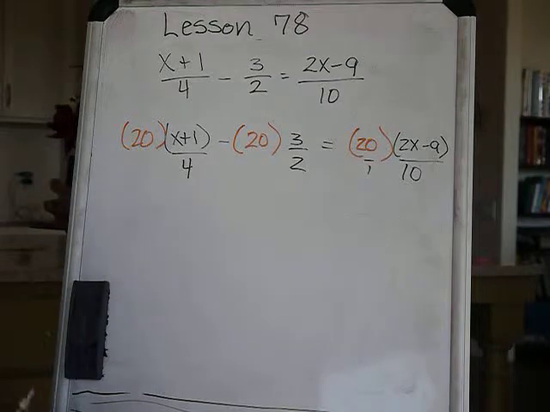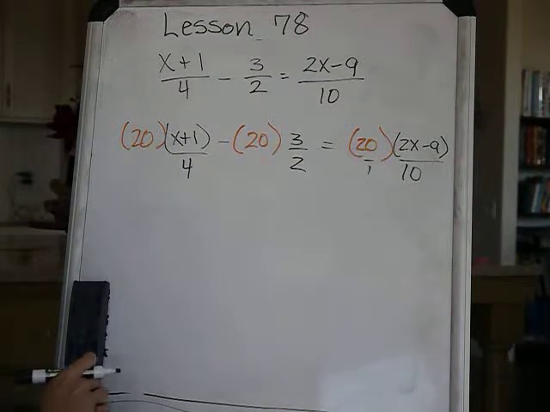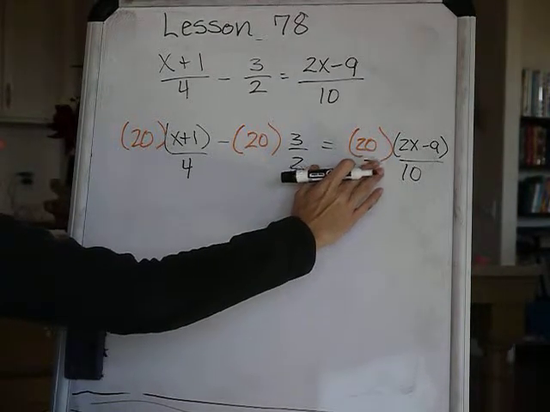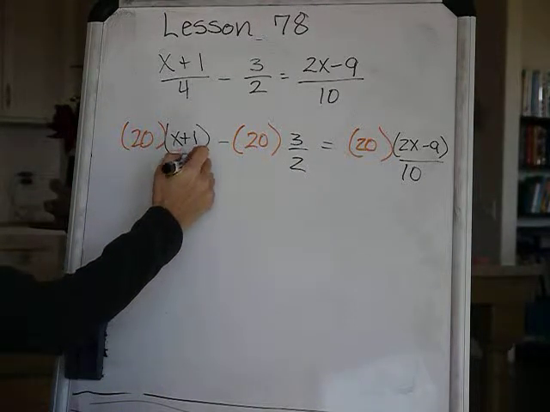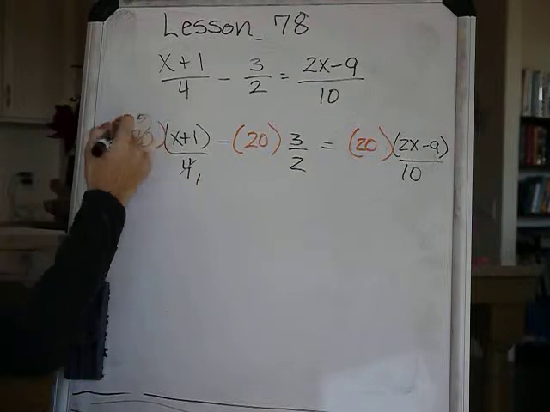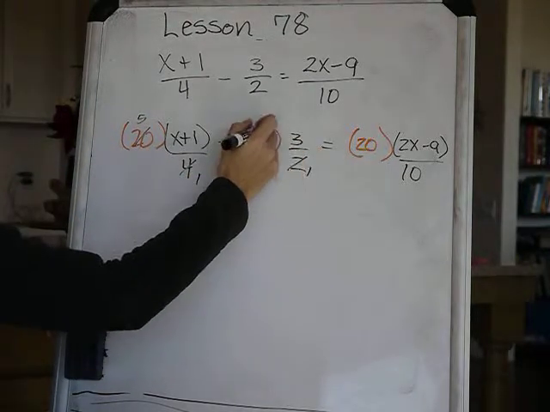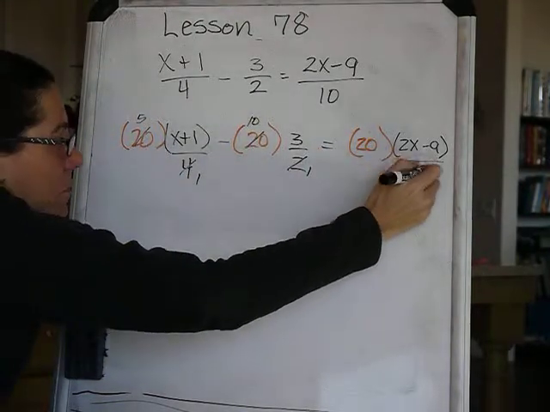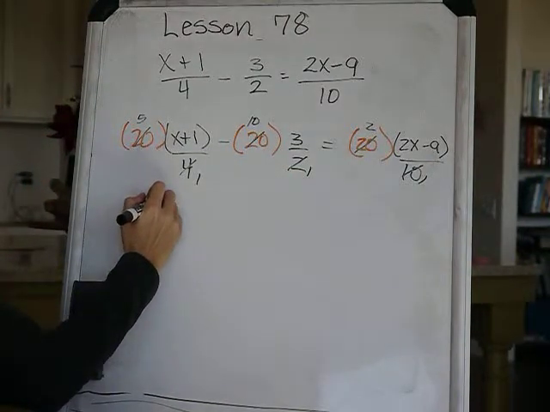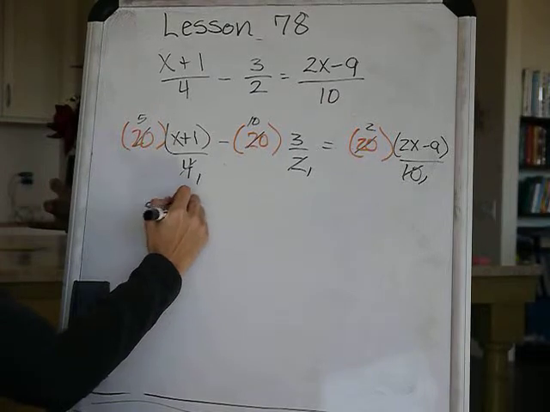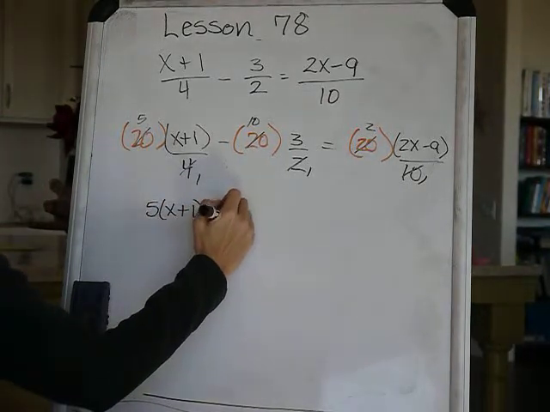Okay, good. I remembered my denominators there. I don't know why I put that over 1. Doesn't matter. Okay, so I'm going to cross cancel. I'm going to put this step in just so you can see it.